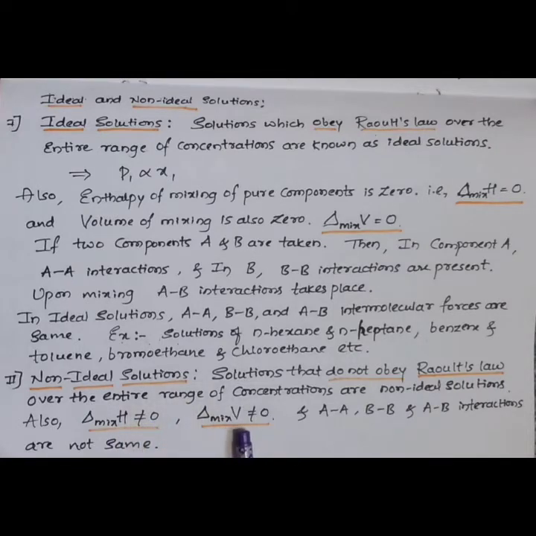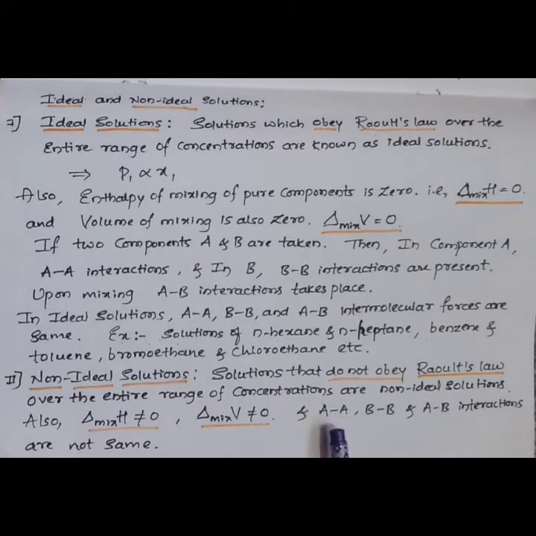Another characteristic is that delta V mixing is not equal to 0. Means the change in volume is not equal to 0, because either an increase or a decrease in volume is observed upon mixing of the two components.